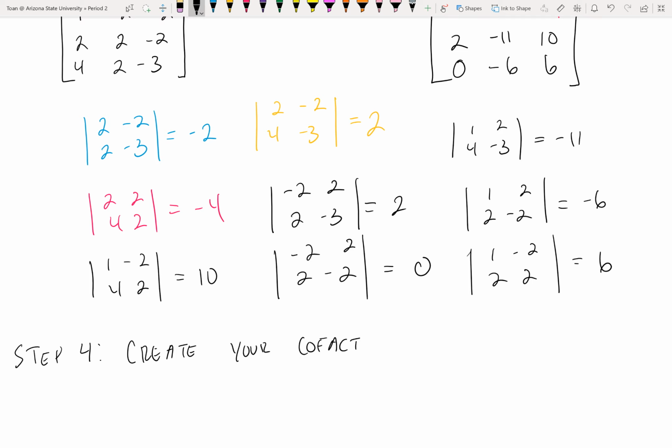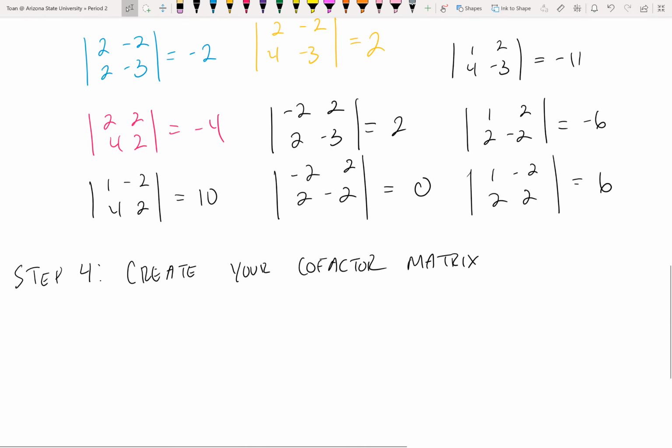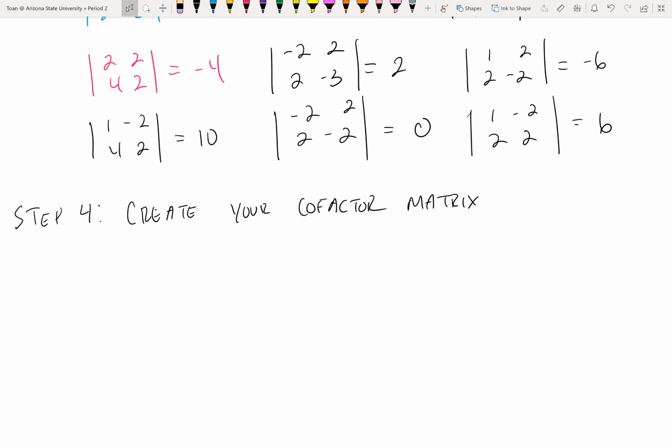Because this is our matrix of minors, I'm going to call it capital M. M for minor. We're going to create our cofactor matrix. Now, if you do the cofactor of the minors of the transpose, we call it an adjugate matrix.